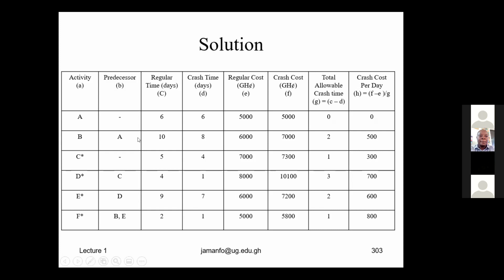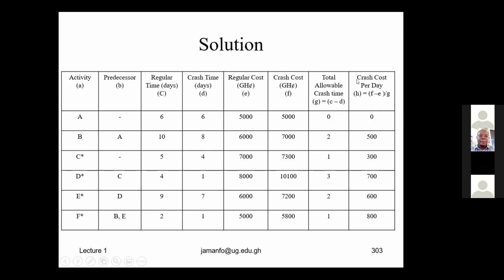The minimum we can do it is the regular time, 6 days. We can't do it any faster than 6 days. For activity B, we can crash it by 2 days. For activity C, we can crash it by 1 day. For activity D, we can crash it by 3 days, and so forth.